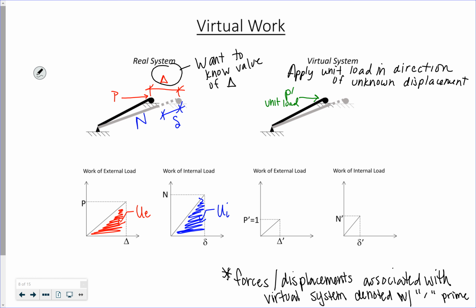So I have my P prime, which is my unit load, and it's going to cause a displacement of my virtual system delta prime.